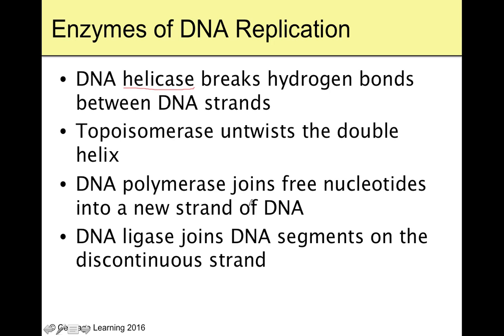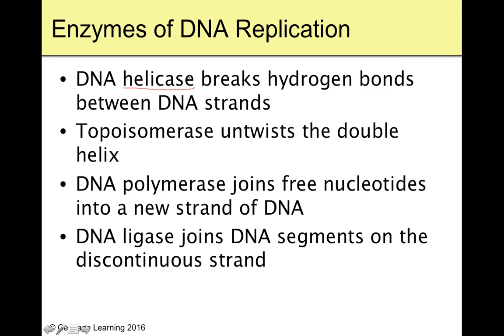So for example, let's think of one. Lactase breaks down lactose sugar. Cool. So a helicase breaks down the helix of DNA. That enzyme breaks these hydrogen bonds between DNA nitrogenous bases, and it will actually unwind that DNA molecule.